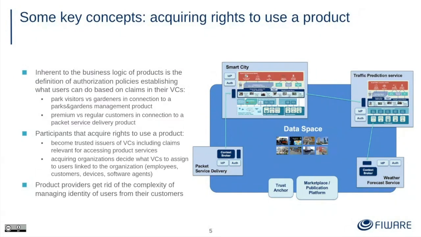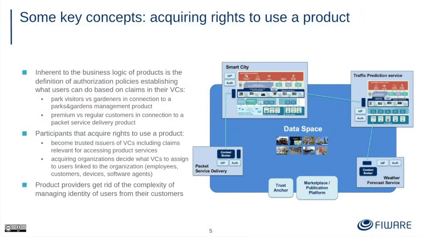It could be a visitor of the parks and gardens, but it could also be some gardener that just wants to use this application to control stuff. Once the consumer has bought access, the provider will automatically establish certain authorization policies that give the different users of the consumer organization, depending on the contents of their verifiable credentials, access to this service, so that our consumer organization can independently decide which users should be allowed to use the visitor application and which should be allowed to use the gardener application of our service.